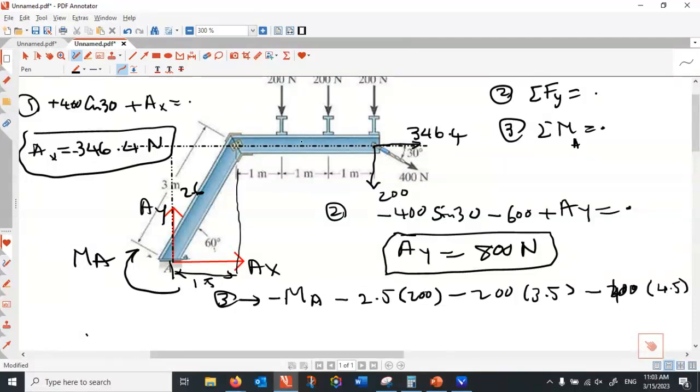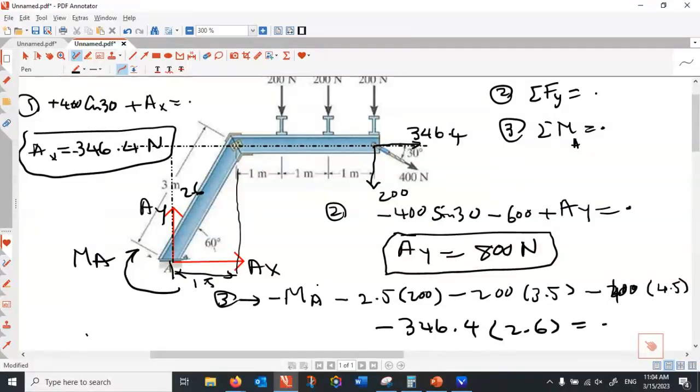And the rotation due to that is also negative. That is minus 346.4 and the arm of rotation is 2.6, is equal to 0.